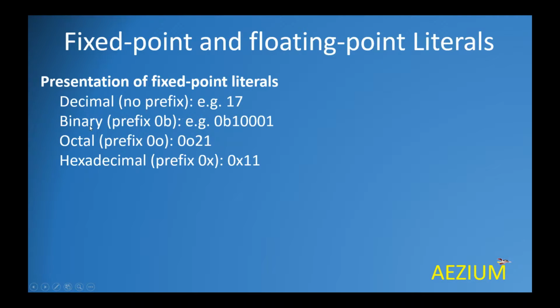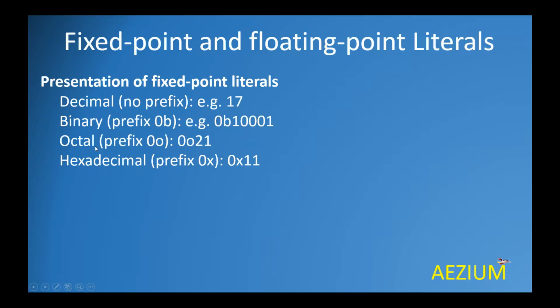Whereas if we are trying to type in the same number 17 as a binary number, in other words, a sequence of zeros and ones, we have to use the prefix 0b before the binary representation of the number. Otherwise, without the prefix, Swift would understand this to be equal to 10,001.